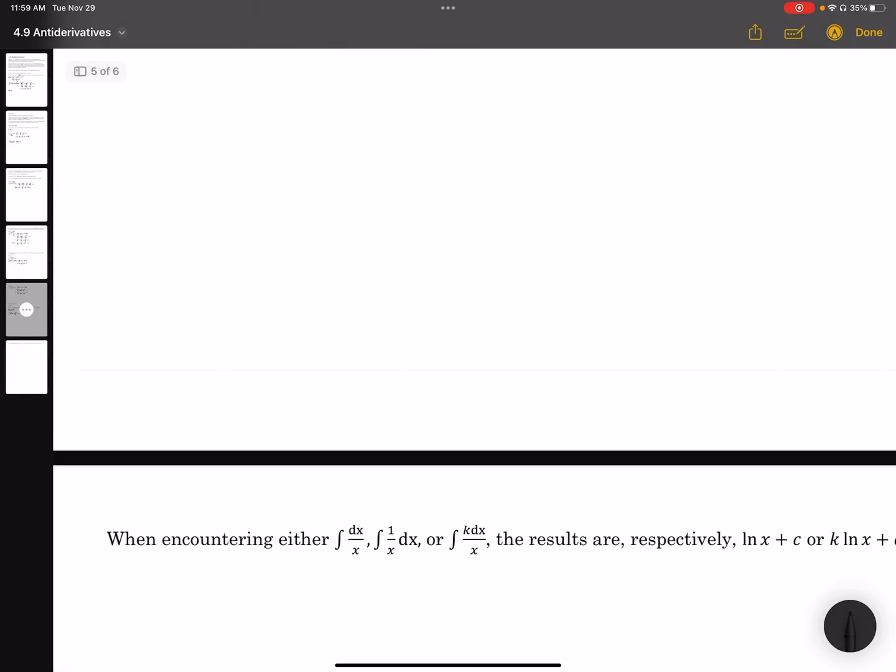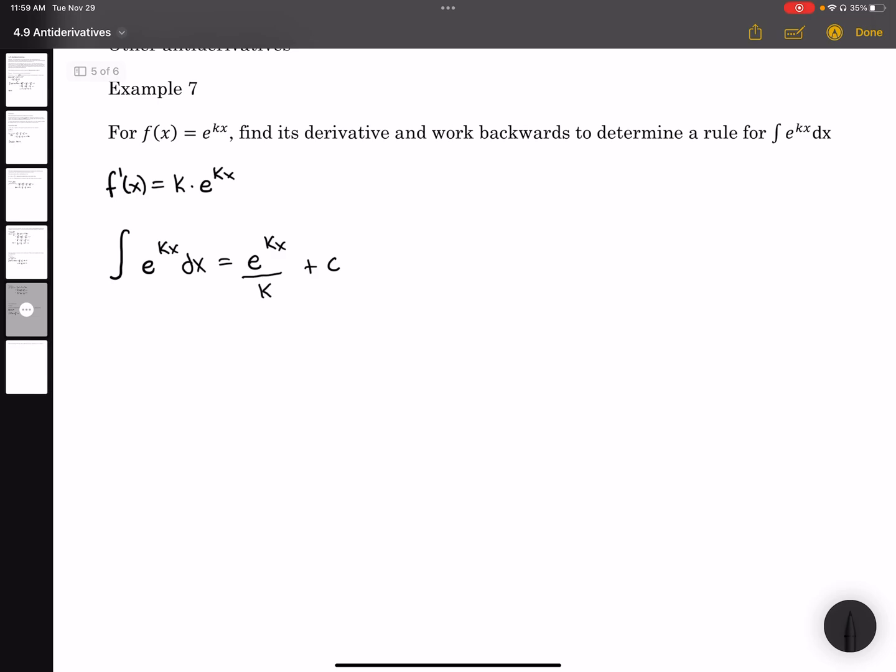Let's create a specific example. Say we had the antiderivative of e to the 3x plus e to the negative x minus e to the 1/2 x plus 4e to the 2x dx.